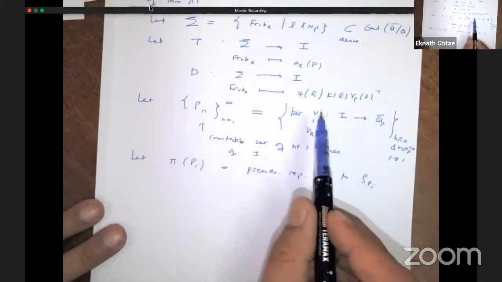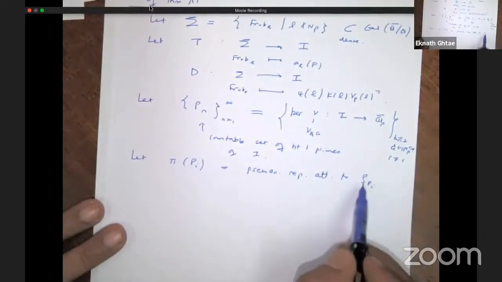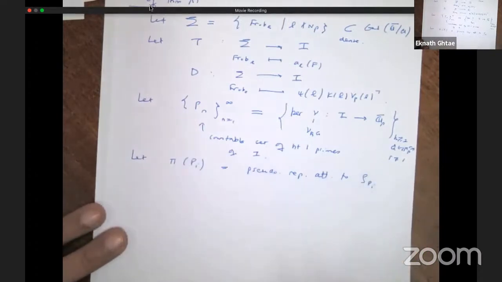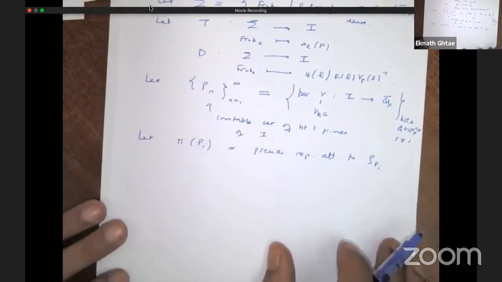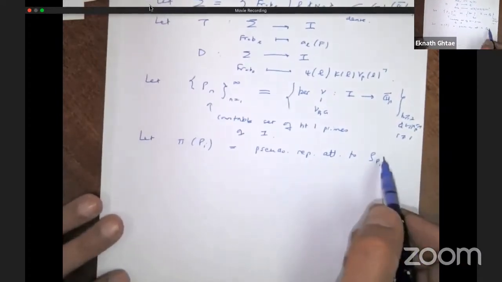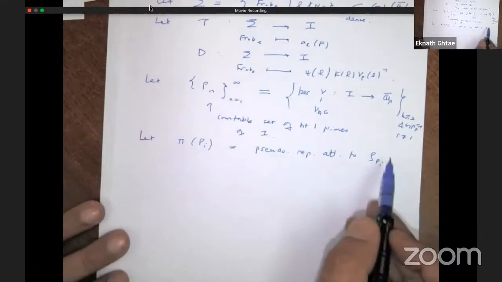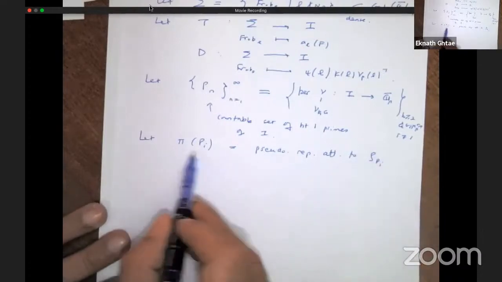So you really have a genuine modular form. And once you have a genuine modular form, you have a genuine Galois representation. So that's what this notation is. So this is a genuine Galois representation attached to this height 1 prime, and then you take the pseudo representation attached to that. That's what we want to do. We have the genuine, that's that square that I wrote halfway through the lecture. We have the pseudo representations attached to the genuine Galois representations, and now we want to patch all these together.